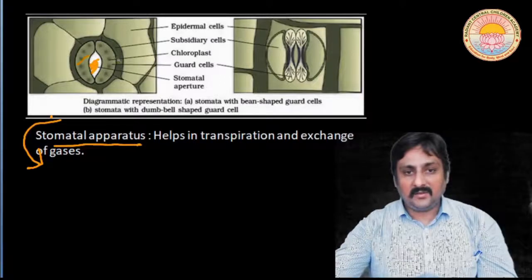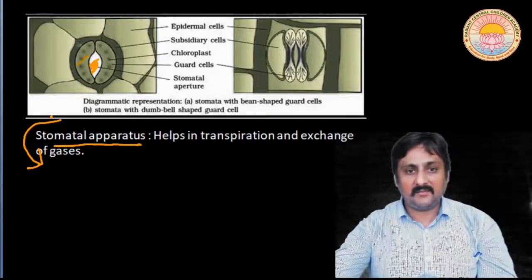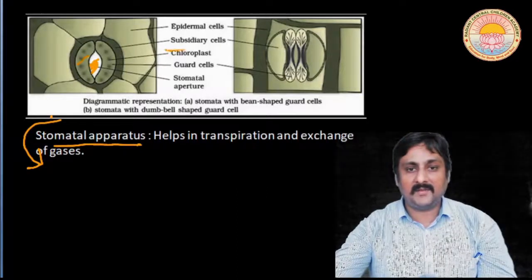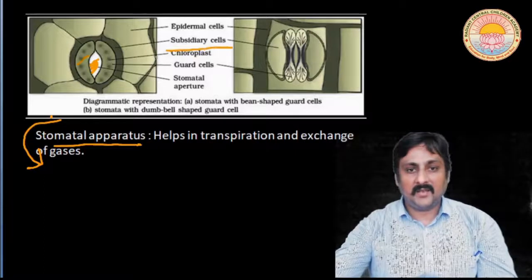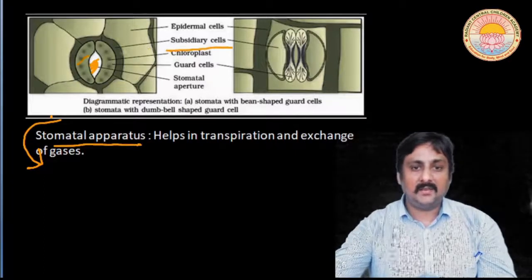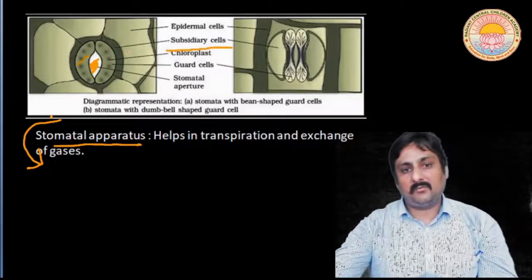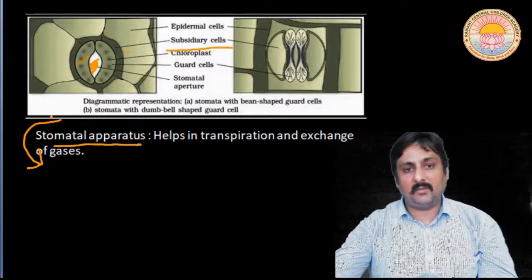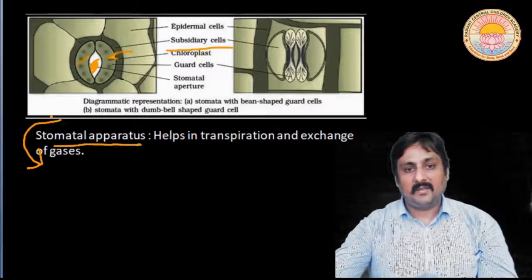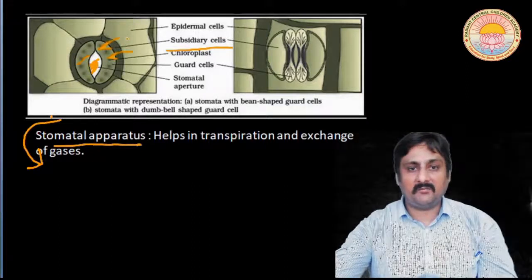Now you can see there are certain cells which are placed very near to the guard cells. These are modified cells, also called subsidiary cells. Now they help the guard cell to increase the level of water in the guard cell. So they help in turgidity of the guard cell as such.